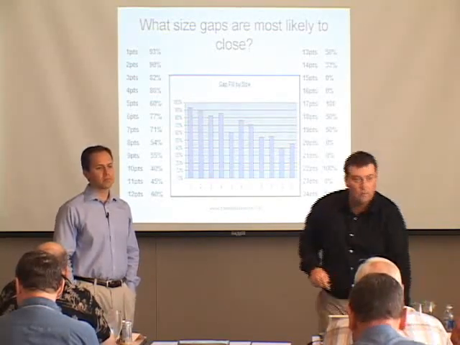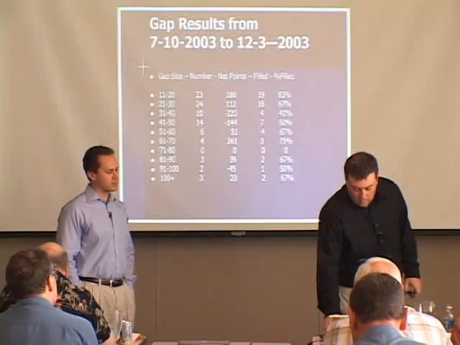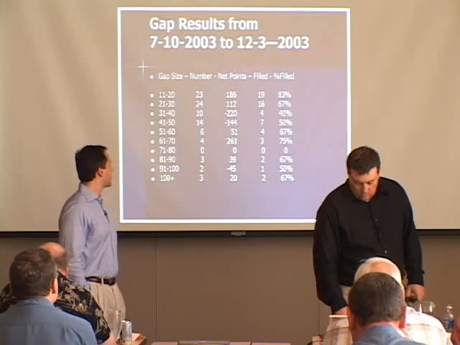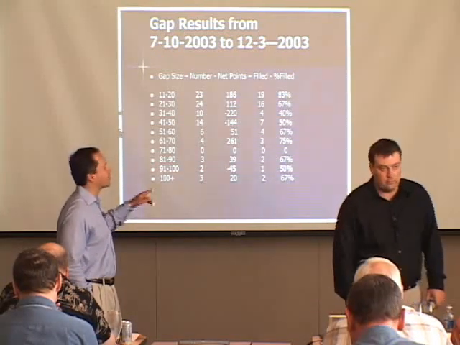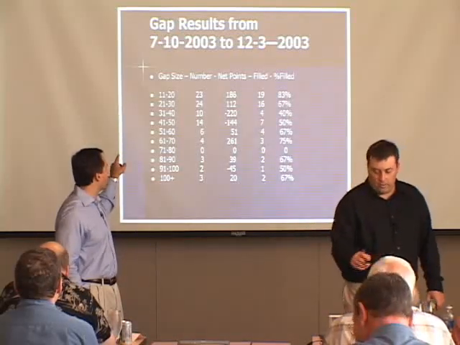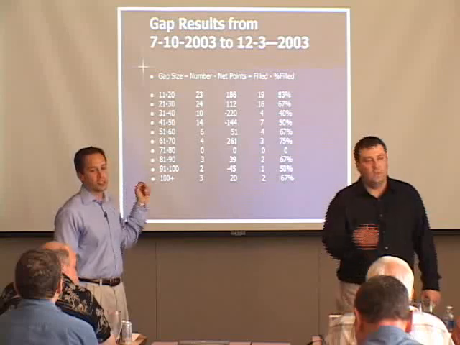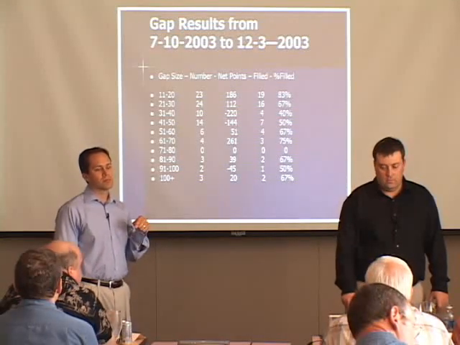The net points, what's that? The net points you've got there on that 108? No, the net points are, if you took every gap between 11 and 20 points, you'd be up 186 points. Is that to be used per contract?